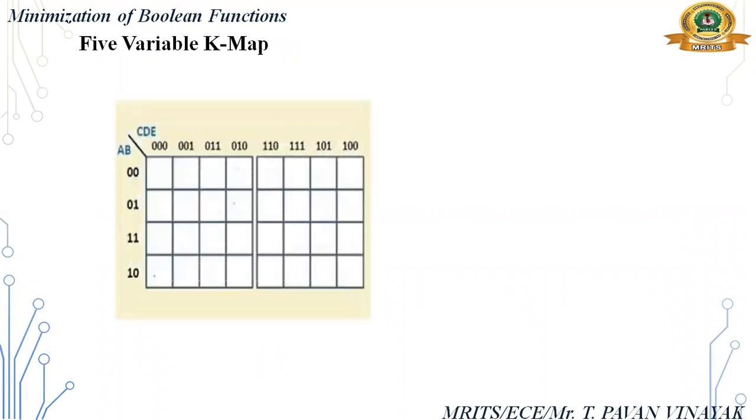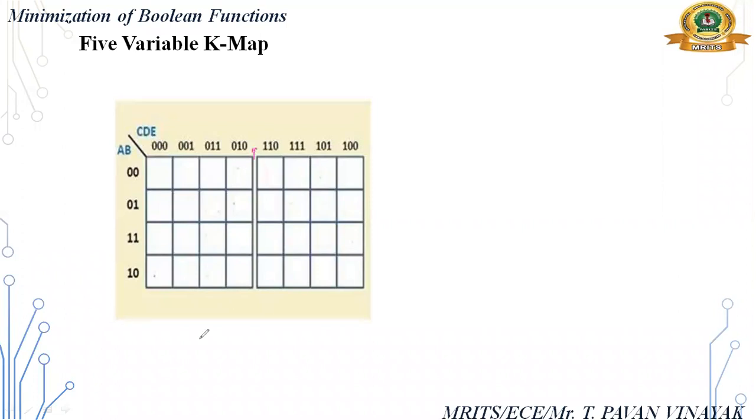Let us see the 5 variable K map. Here we have a total of 32 cells and there is a small gap. Why we are giving this small gap, I will say later.